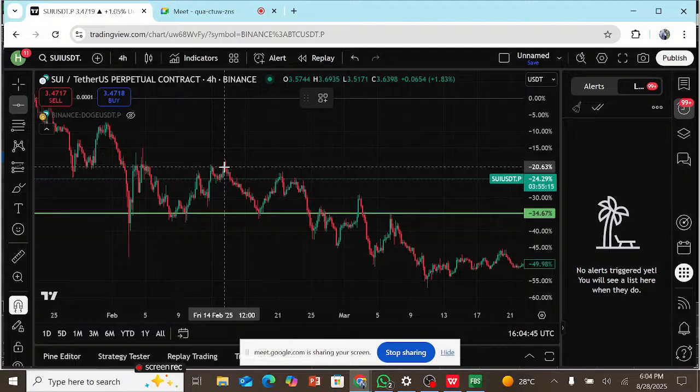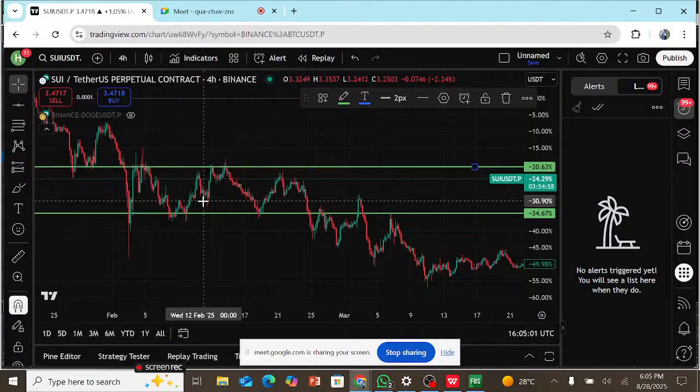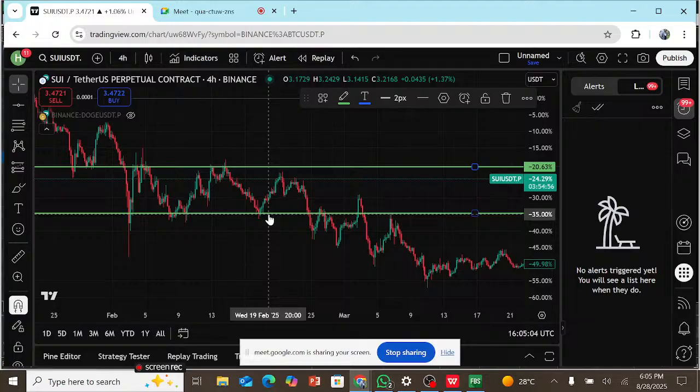If you can see here, from here to here, the market was respecting the movement. It was moving in between the interval, that is between this line down here, which we call support, and the up one, which we call resistance.